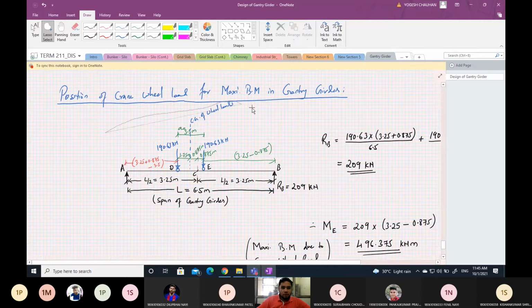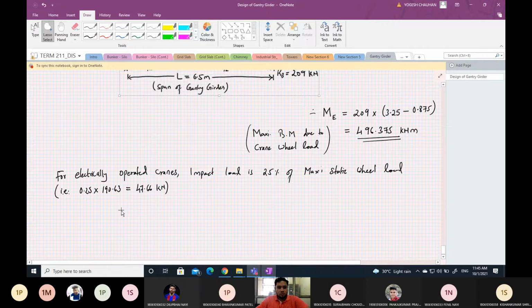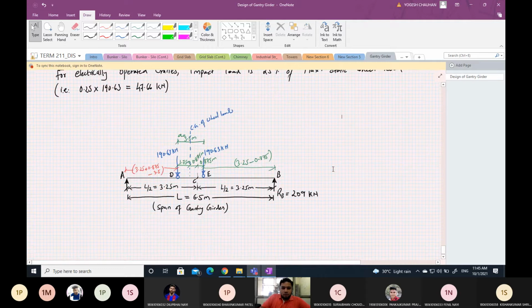Now the moment due to impact load: this load will be replaced by 47.66. Now this reaction will change.